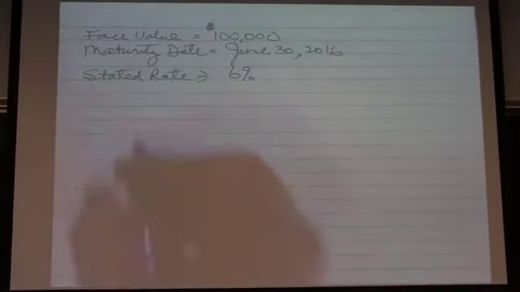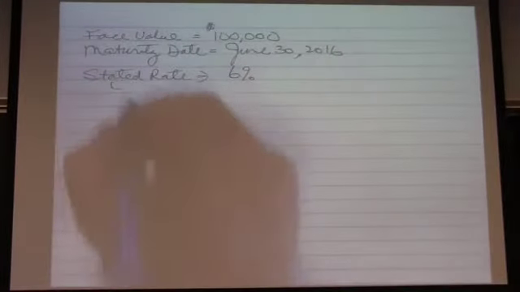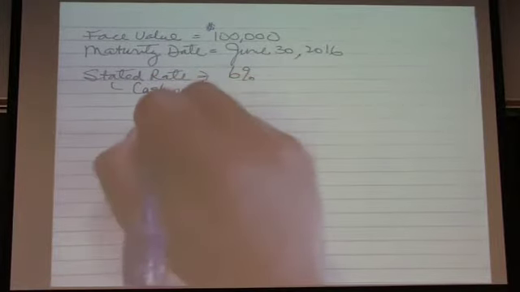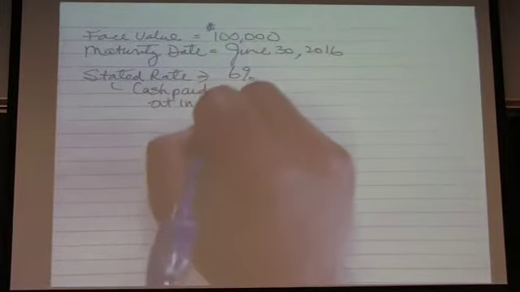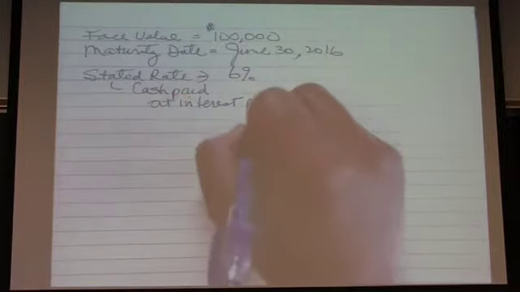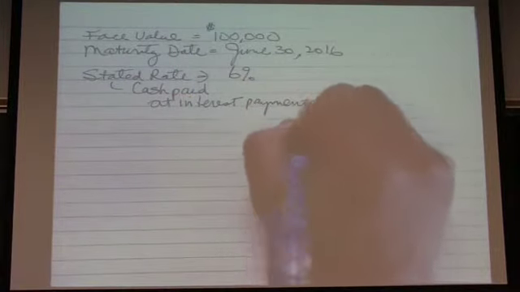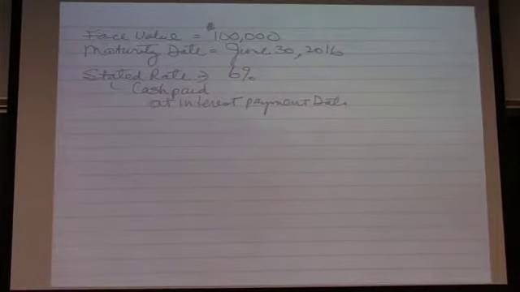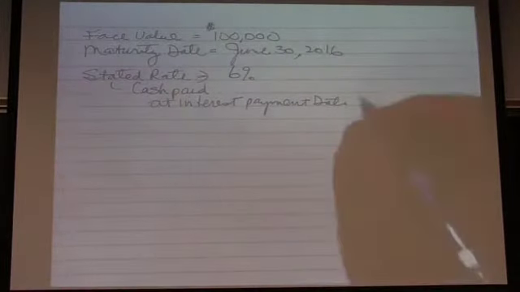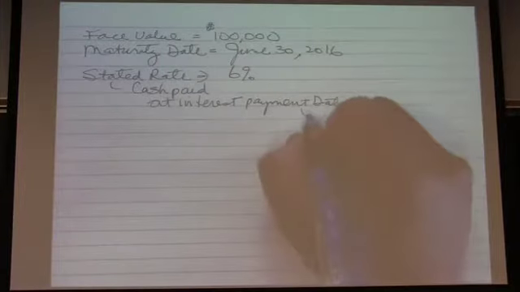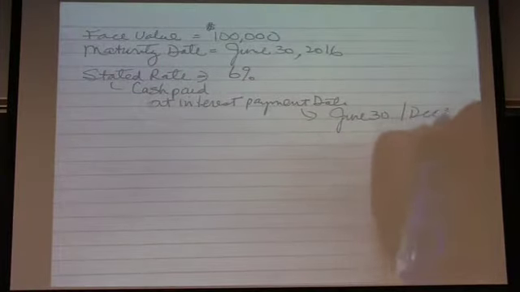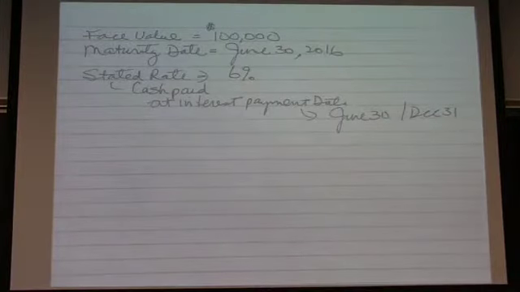Now, stated rate is essentially the amount of cash paid at interest payment date. That's exactly what it is. Now, this bond happens to pay twice a year. So the payment date is June 30th and December 31st. That's the payment date. So it pays twice a year.